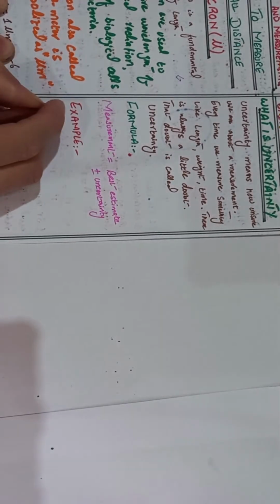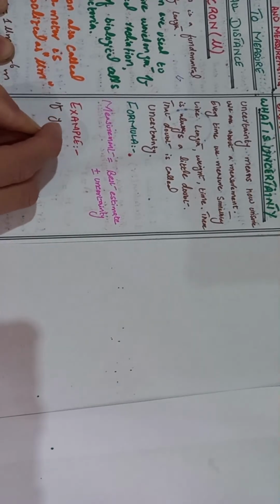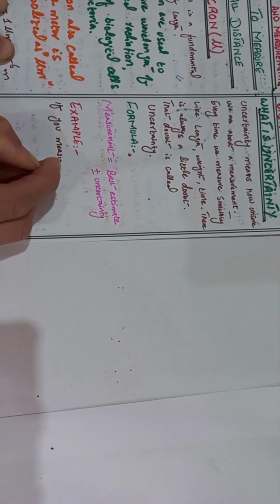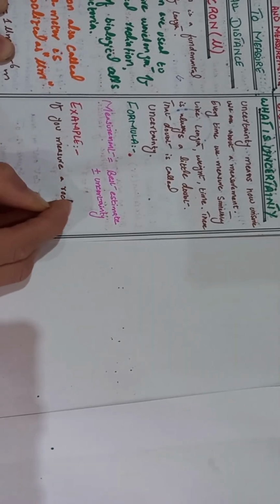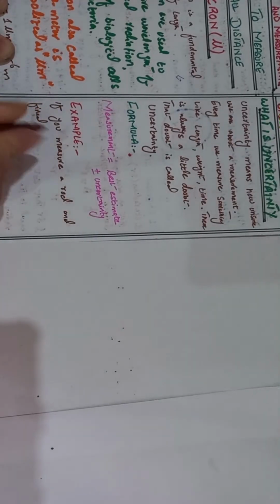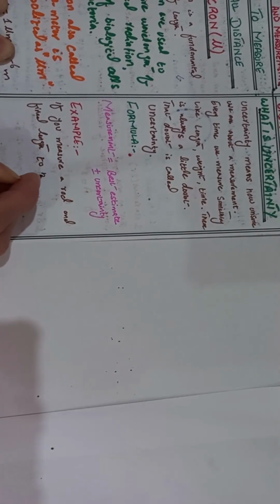If you measure a rod and fix its length, the length we measure is 5.07 plus or minus 0.02 gram.